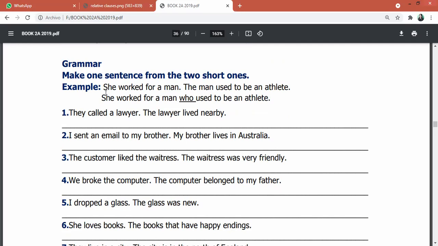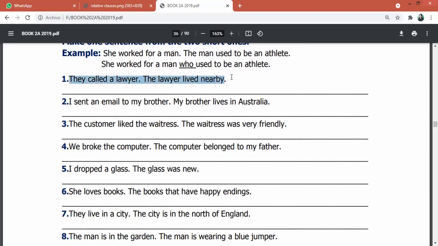Very good job. We have two sentences, but we are going to join them. Okay, we are going to join them. So it says, she worked for a man who used to be an athlete. Okay, great.